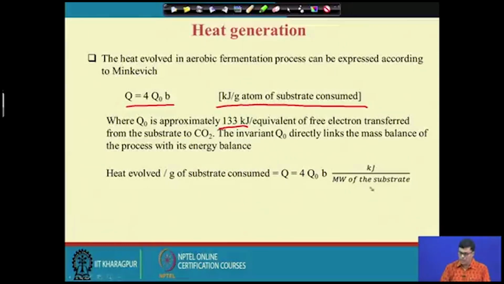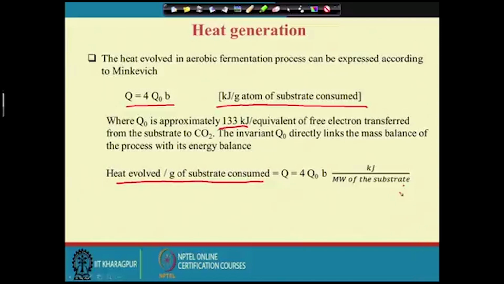If you divide by the molecular weight of substrate, it will be heat evolved per gram of substrate consumed. If you divide by the yield coefficient, you can easily find how much heat is evolved per gram of cell mass produced.